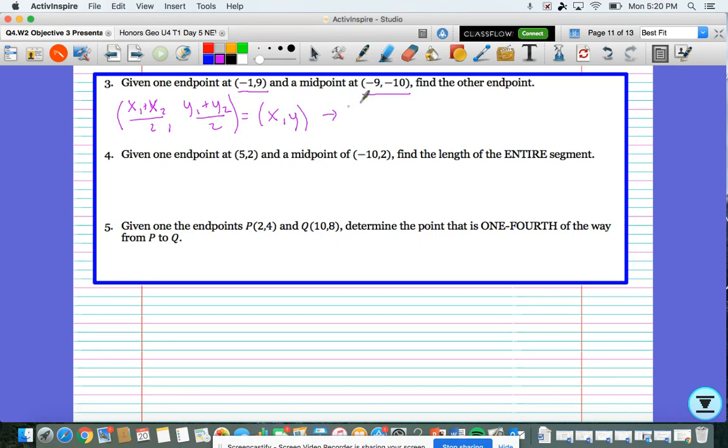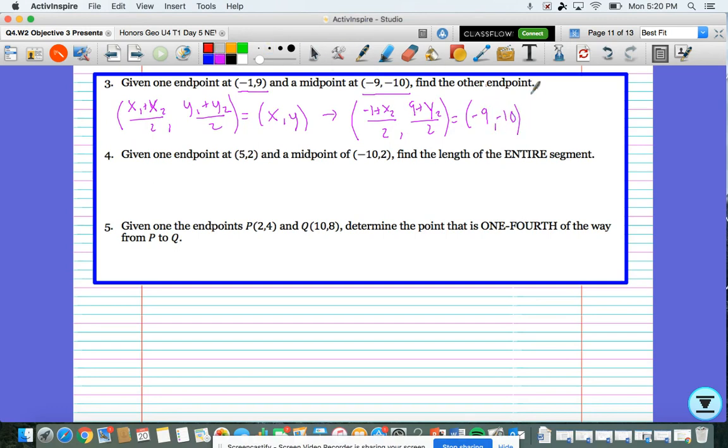Right? So let's plug in. I know that endpoint. So I've got negative 1 plus something divided by 2, and 9 plus something divided by 2, and that's going to equal negative 9, negative 10.